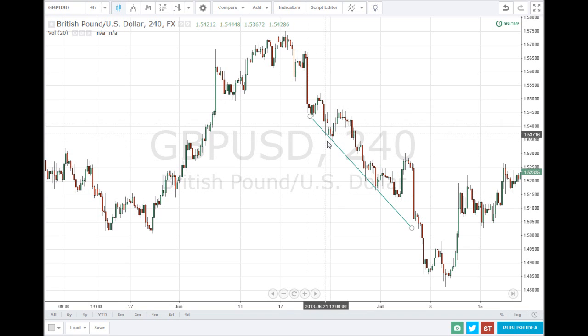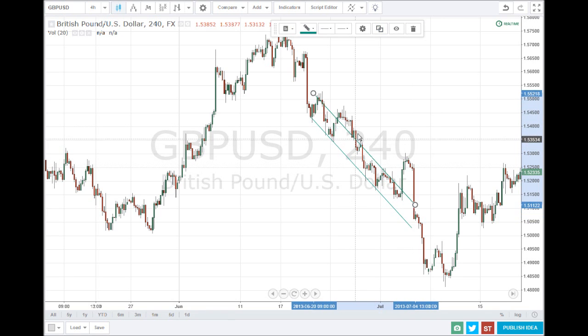I've joined these two lows with a trend line, and you'll notice that price also bounces off this line at a future time. If we were to duplicate this line and use it as a potential resistance, we would create a channel. I've duplicated the line.